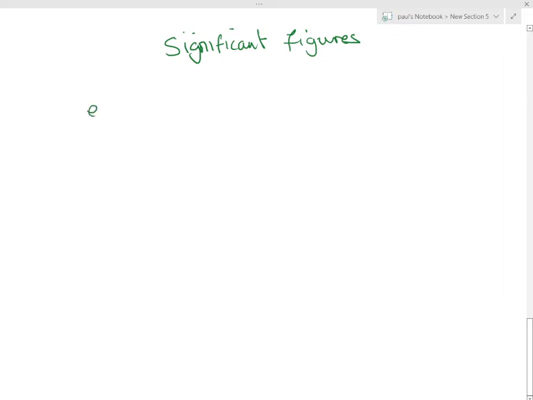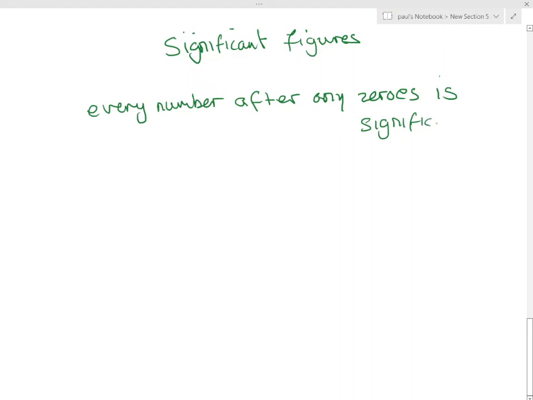Now, every number after any zeros is significant. For example, if you've got £304, the 0 is very significant. Otherwise you would just end up with 34 if you think, well, that doesn't count. So it is significant.